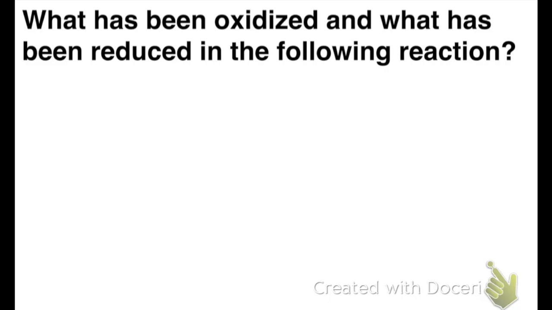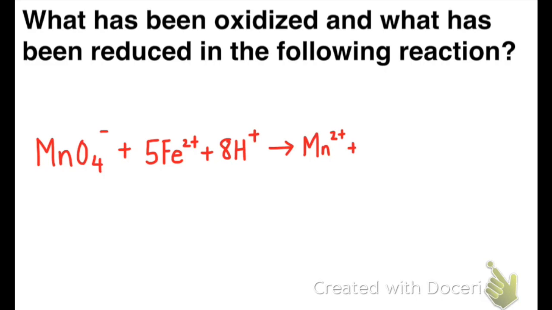What's been oxidized and what's been reduced in the following reaction? A slightly more complex reaction. The permanganate ion, MnO4- reacting with Fe2+, to give us Mn2+ plus Fe3+, and a few other bits and bobs to balance the reaction. We're going to focus on Mn and Fe. On the left hand side, in MnO4-, each oxygen is -2.